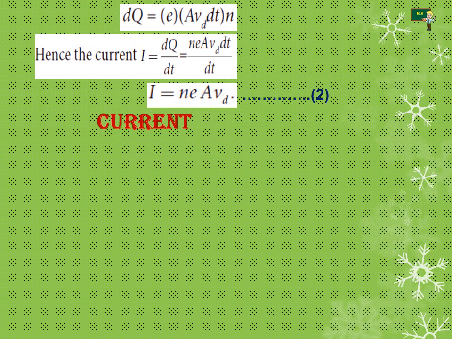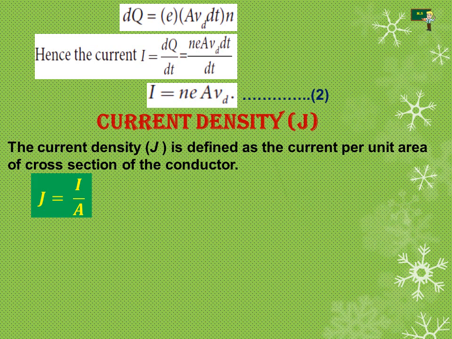Let's see the facts about the current density, which is referred by the letter J. The current density J is defined as the current per unit area of cross section of the conductor.